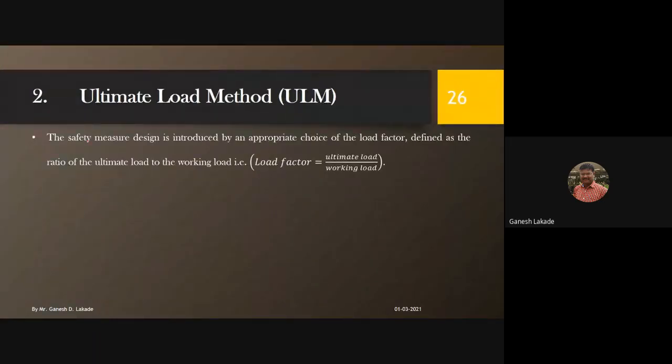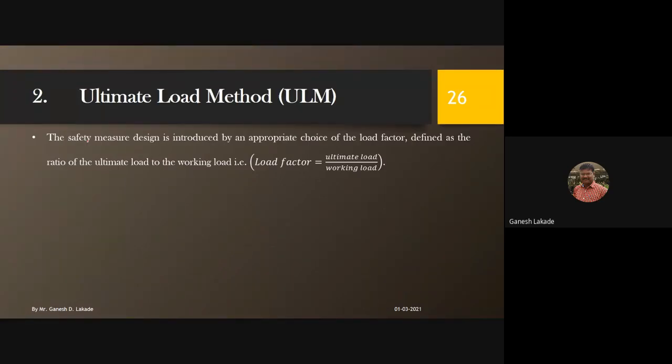But actually in practice, sometimes the loads may exceed the working loads, and most of the time the loads may remain below the working load. This condition was not considered in the working stress method, and in ULM it is considered.